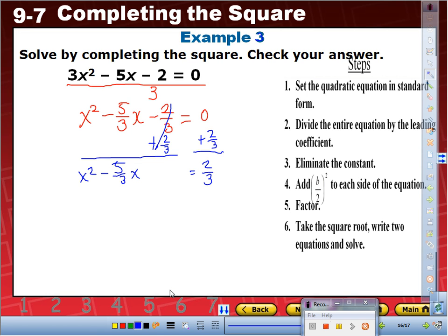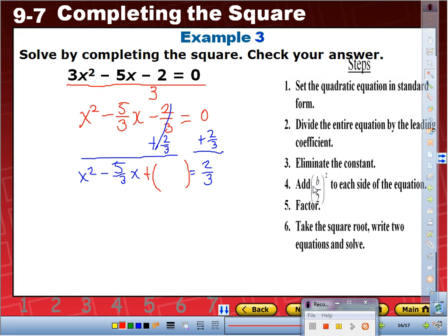Here it goes. Now check this out. This says add b over 2 squared. Let me show you really quick. Remember that we cannot have fractions over fractions. Is that correct? At the beginning of the year when we got to division of real numbers, I showed you a definition as to why fractions cannot be over fractions.